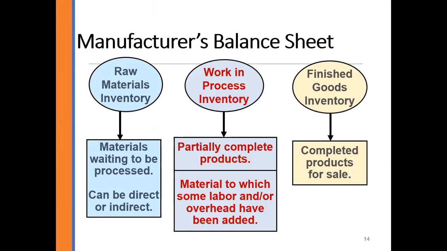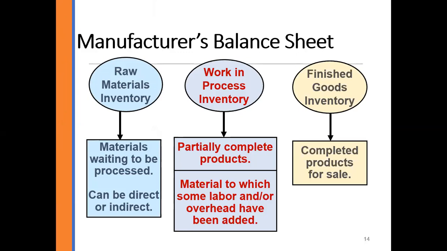All right, so I mentioned this earlier. When we think about the balance sheet of a merchandiser, it has just one merchandise inventory account, and that inventory account is affected every time the company purchases inventory and every time the company sells inventory.